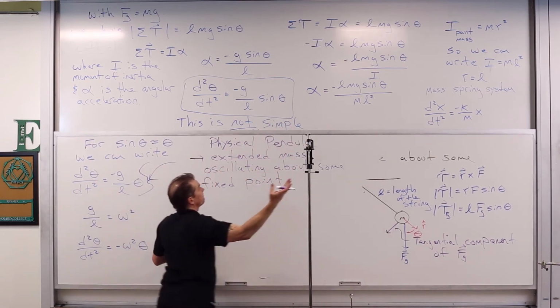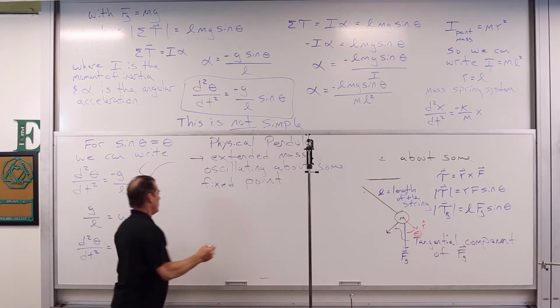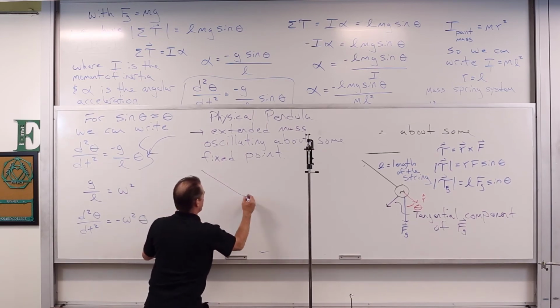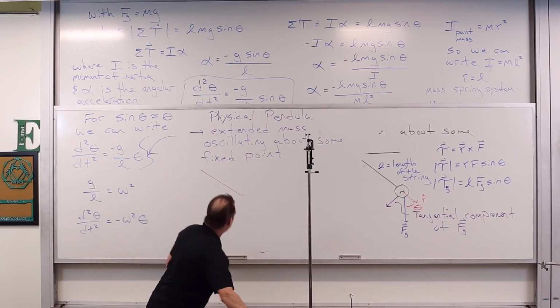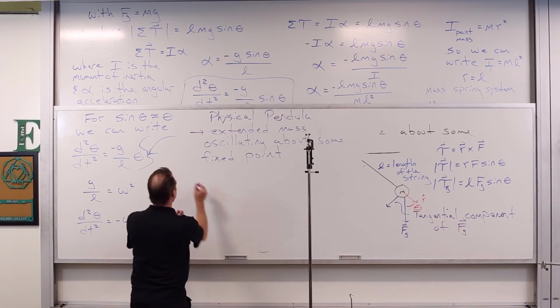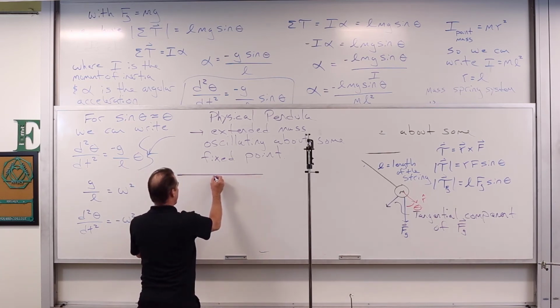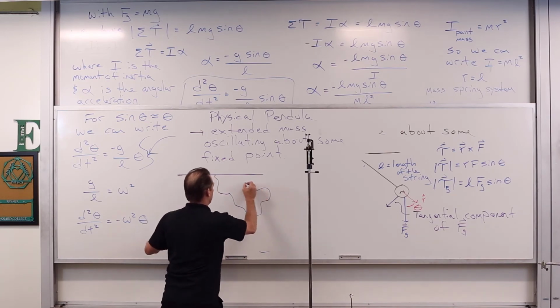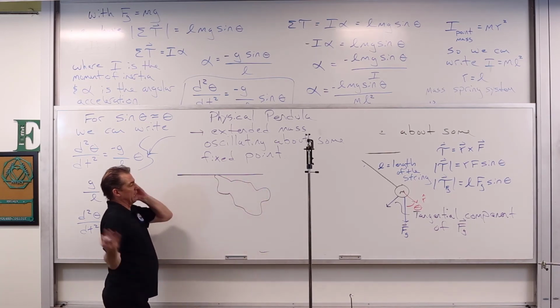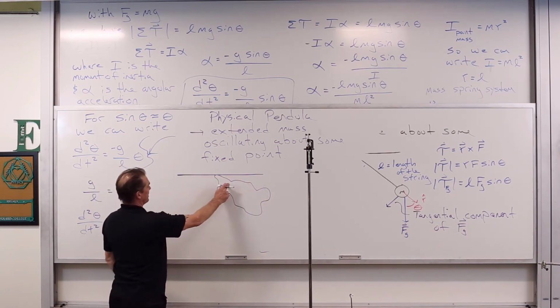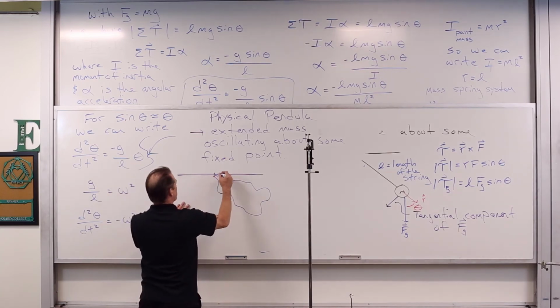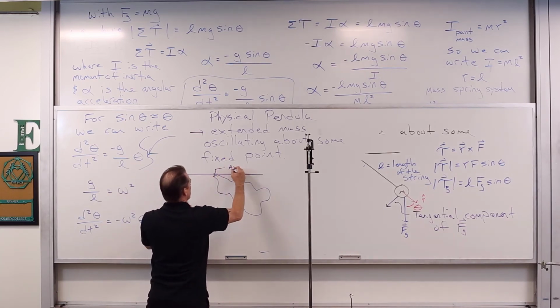And again, what do we have? Well, let's do something weird looking here. So I can take something like this, and then I can take some object, say like this. Doesn't matter, I can put the axis of rotation here, anywhere. I'm just going to say the axis of rotation is right there.